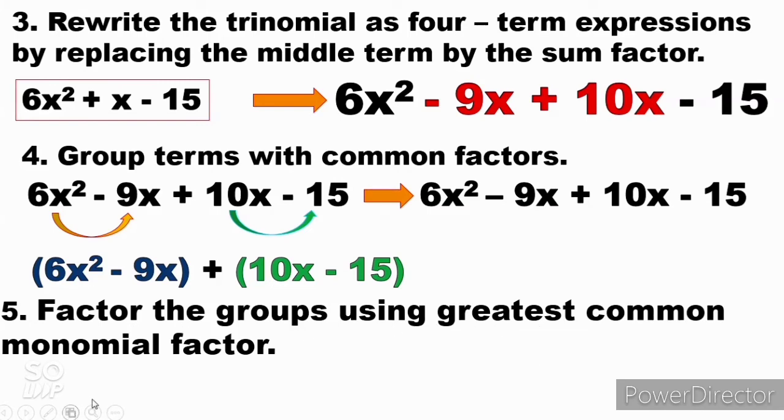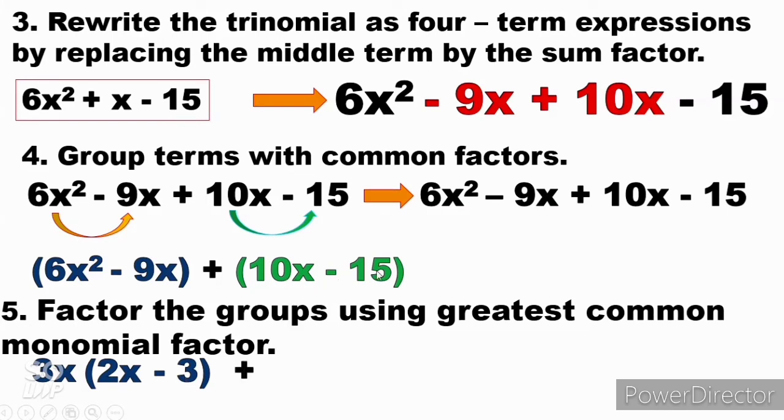And then, i-factor natin yung groups using greatest common monomial factor. So, 3x is the common factor of 6x squared minus 9x. Then 6x squared divided by 3x, the answer is 2x. The negative 9x divided by 3x, the answer is negative 3. And then, yun yung unang factor.